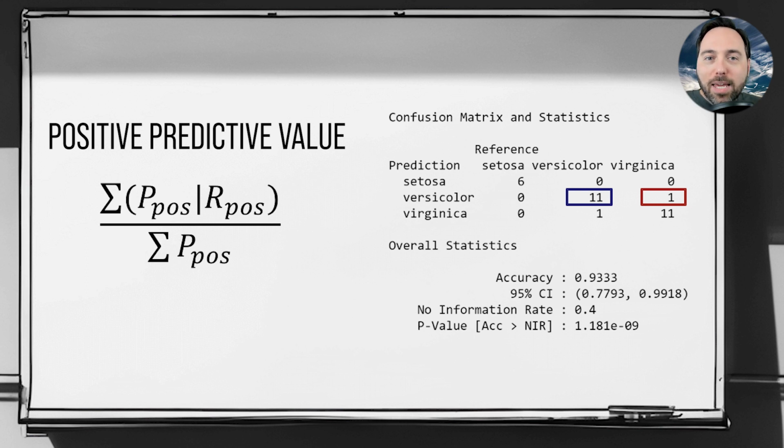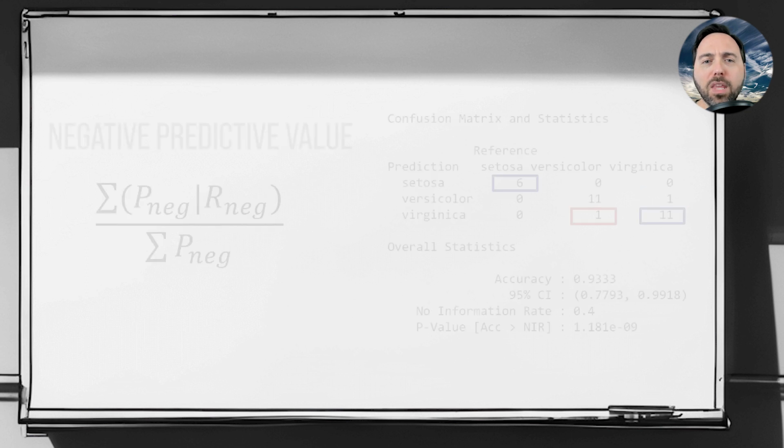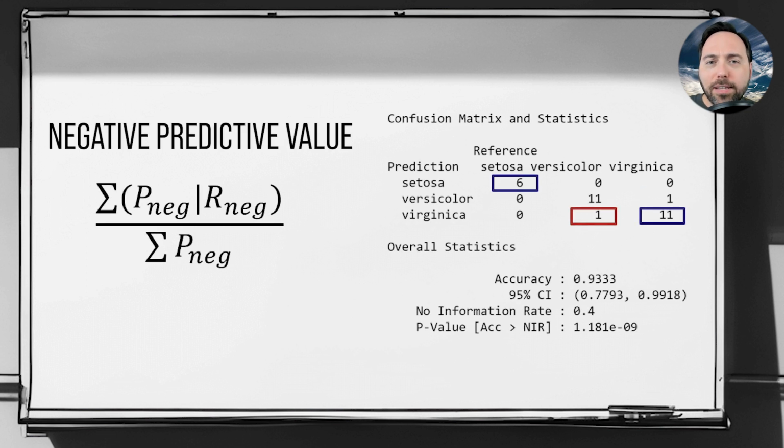Then we divide it by the total number of versicolor predictions. Our positive predictive value for versicolor is 11 out of 12, or 91.7%. By contrast, the positive predictive value for setosa is 100%, because every time we predicted setosa, we got that one right. Negative predictive value is the flip side of positive predictive value.